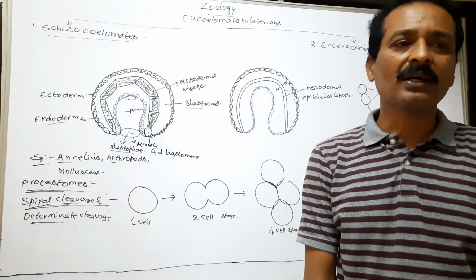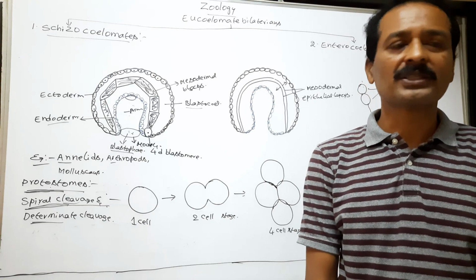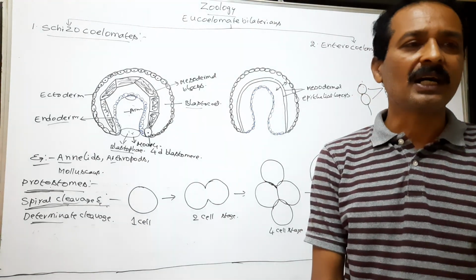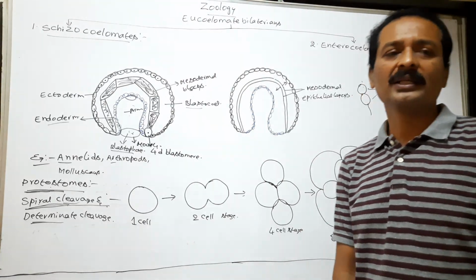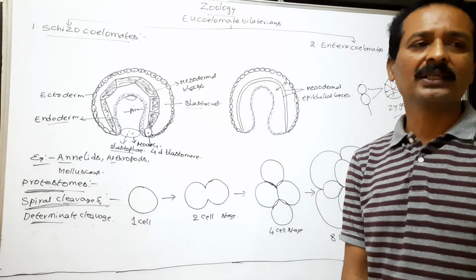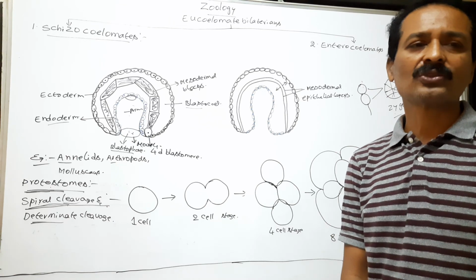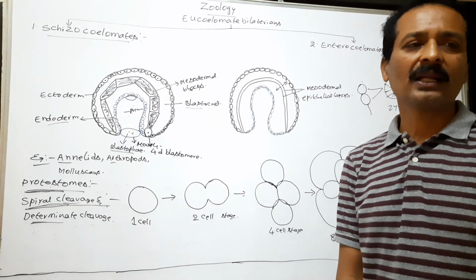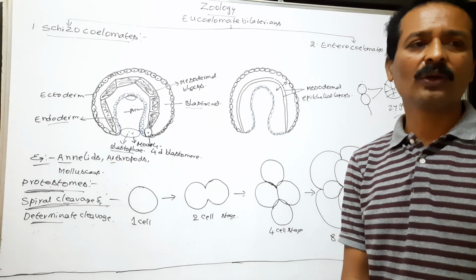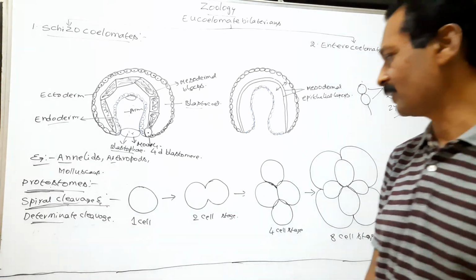The arrangement of the blastomeres of each upper tier over the cell junctions of the next lower tier, so that the blastomeres spiral around the pole to pole axis of the embryo.